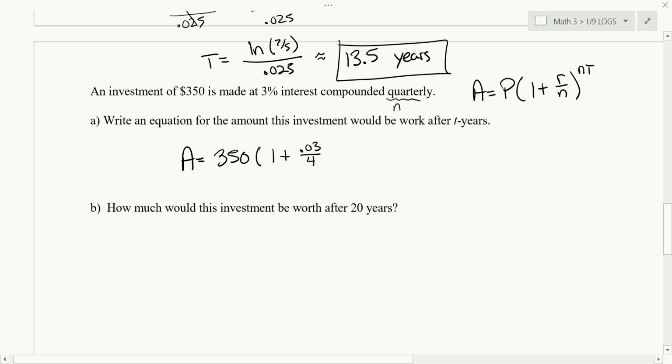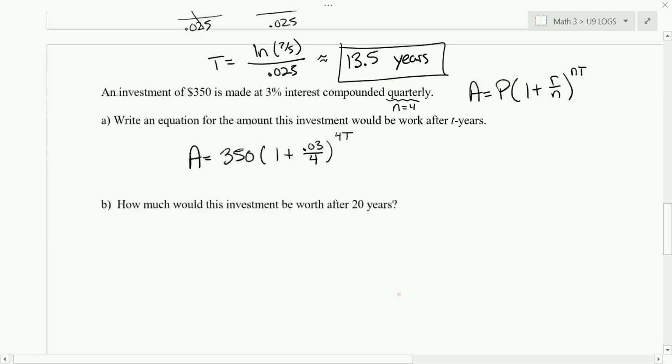Compounded quarterly, that means n is 4, good. To the power of 4 times t, good. Okay. Now careful, you want n times t here, right? Where the prior one was a little different, right? It was r times t. Here it's n times t.